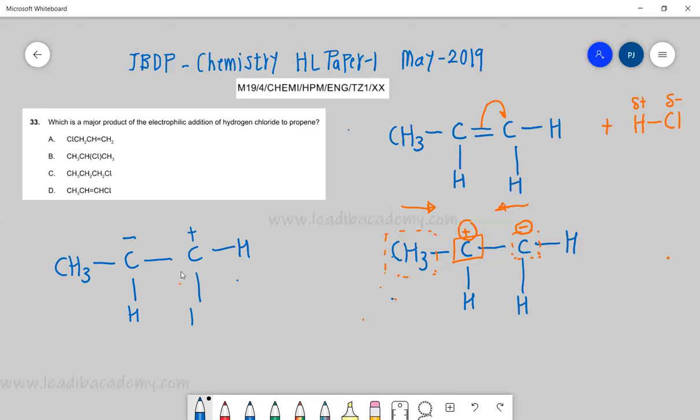Now this has become a carbocation. Unfortunately, there is only one friend, which is this minus charge. So this form of carbocation is not going to be stable. That's why it is very important to understand. This is basically nothing but the Markovnikov rule. Exactly why this carbocation is getting formed like this. So very, very straightforward.